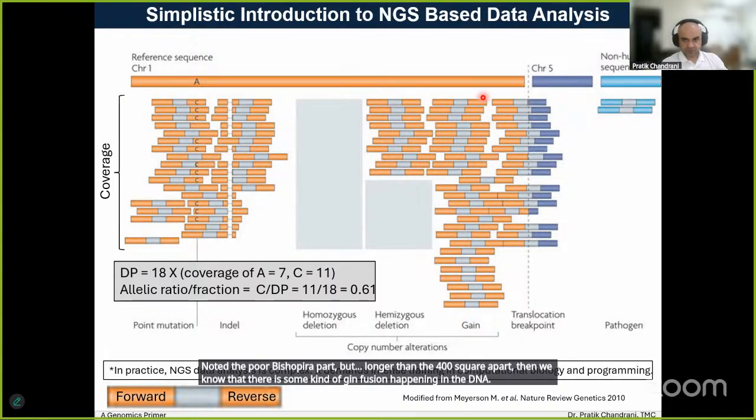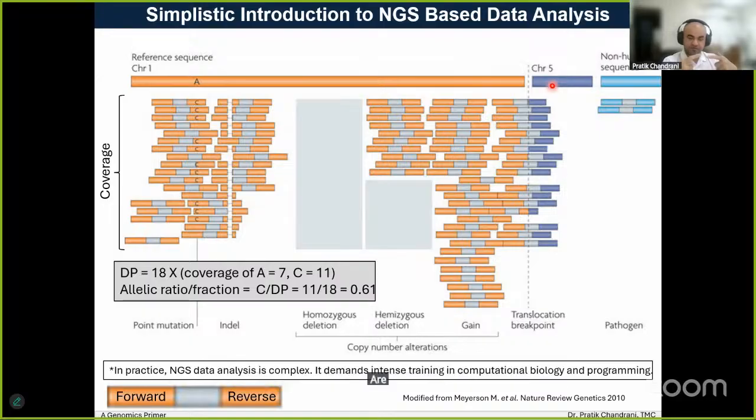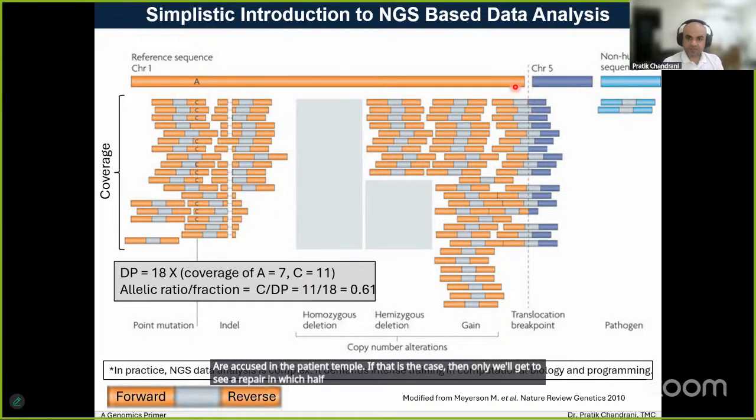So for the sake of simplicity, let us say chromosome 1 and 5 are fused in the patient sample. If that is the case, then we'll get to see a read in which half of the read is mapping to chromosome 1 and half of the read is mapping to chromosome 5. So this is how we find out a translocation or a genomic fusion by using NGS.